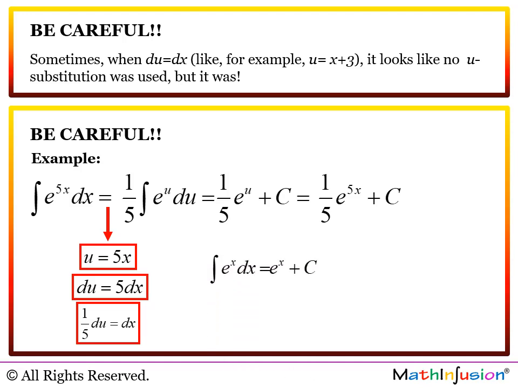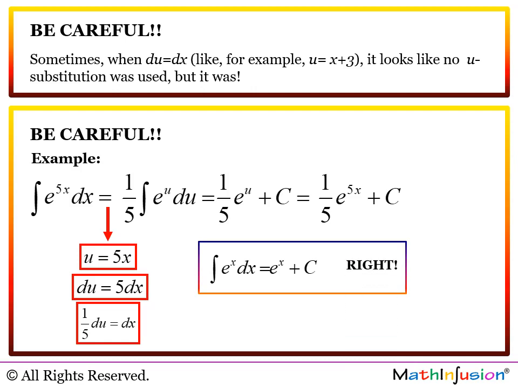So again, the integral of e to the x dx is indeed e to the x plus c. Yes, but if you have the integral of e to anything that is not x, it can be x plus 1, x plus 2, 2x plus 1, 3x minus x, then this is totally wrong.